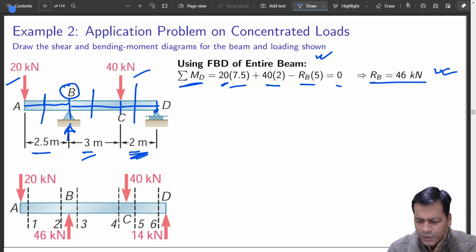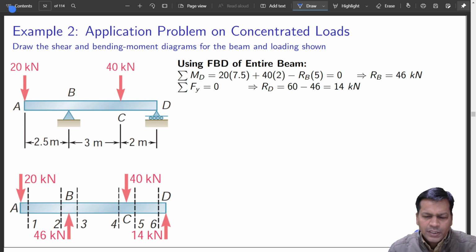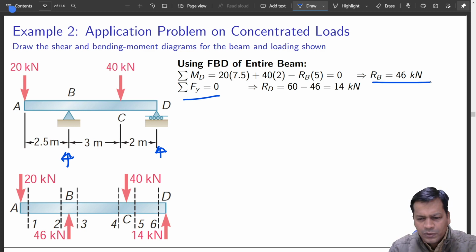Okay, so this is quite trivial. Using summation of Fy, vertical load should be equal to 0. That should give me, because these are the two vertically upward acting forces, and the remaining is RD, which is found out as 14 kilonewton. So far so good.